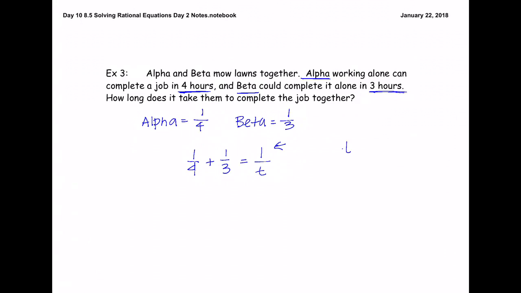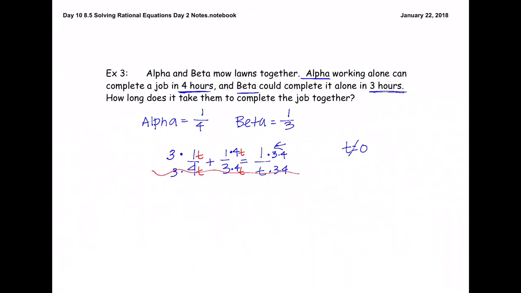So t cannot equal 0 for our extraneous solutions. We are missing a 3 in this numerator. We are missing a 4 in this numerator, and we are missing a 3 and a 4 here. We are missing a t, and we are missing a t.